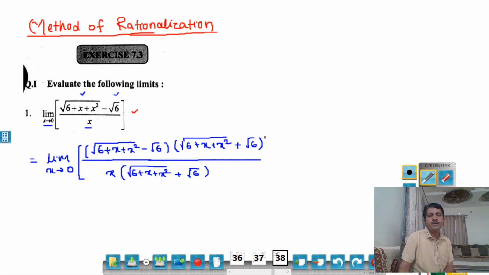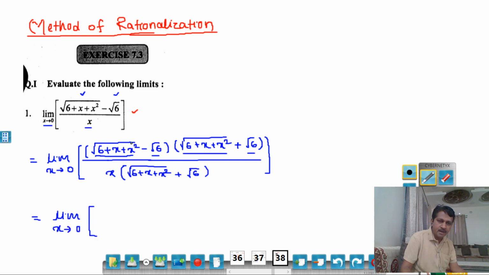Okay. Now using the formula for a minus b into a plus b, it is a square minus b square. The square of first minus square of second. पहिल्याचा वर्ग वजा दुसऱ्याचा वर्ग.